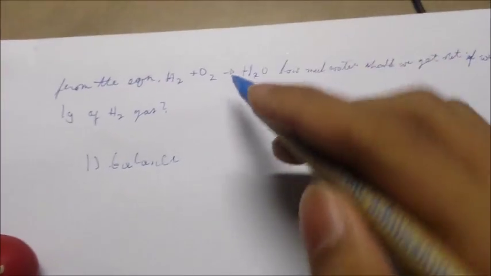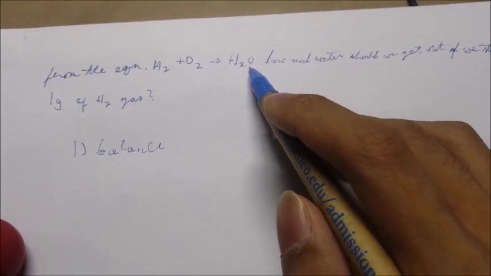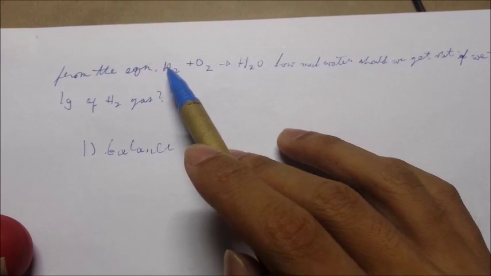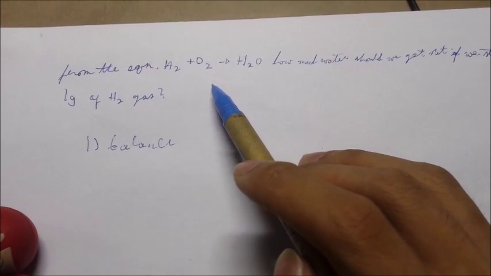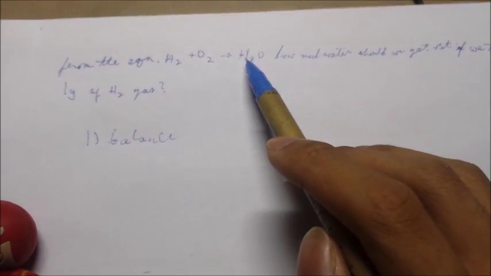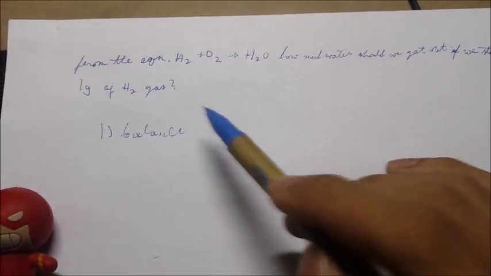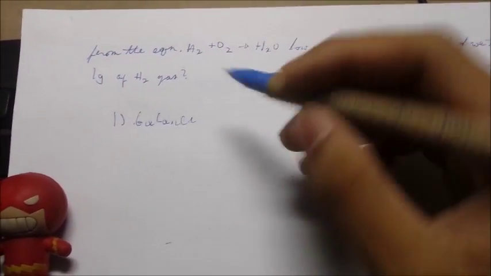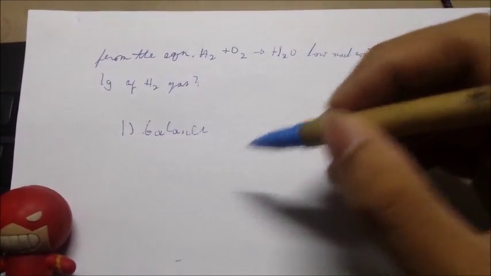To get this balanced, you'll need to multiply H2 by 2 and H2O by 2, because it's going to be 4:2, so you get that ratio. It's all about ratio here in stoichiometry. You get the proper ratio.